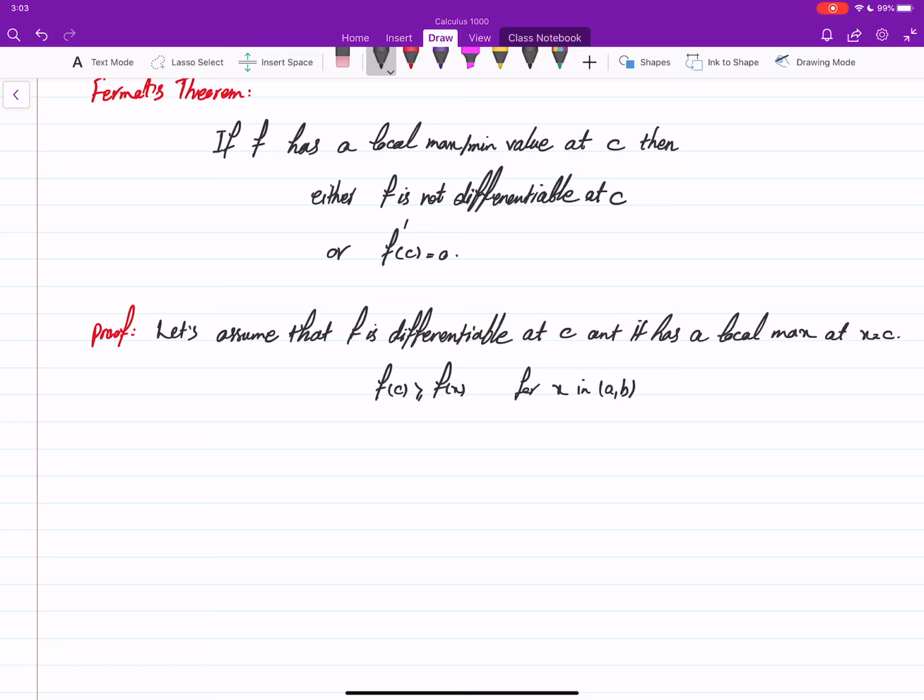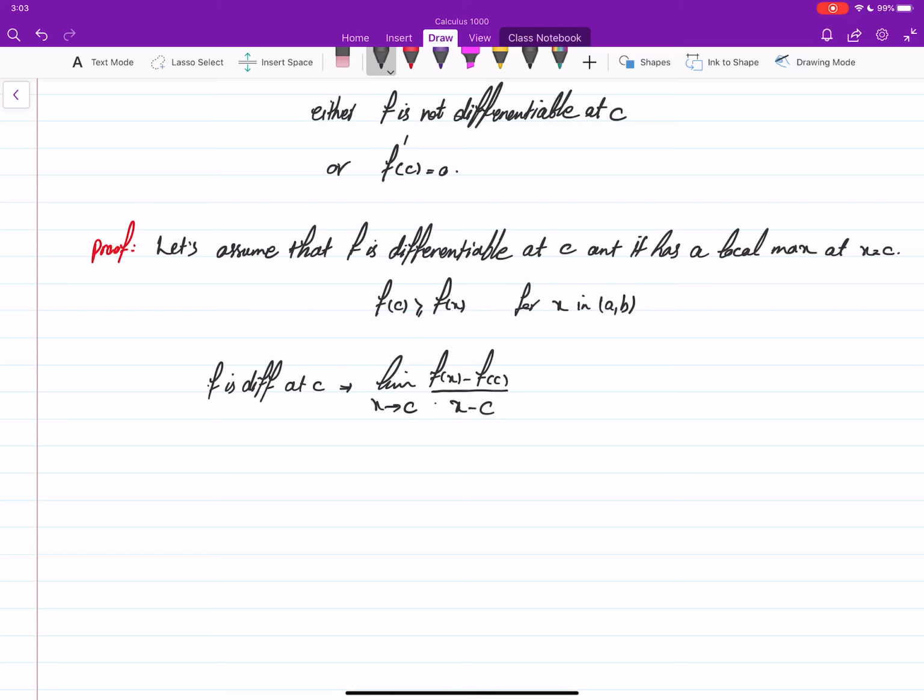Well, what does being differentiable mean? f is differentiable at c means that the limit of f of x minus f of c over x minus c, as x goes to c, exists.